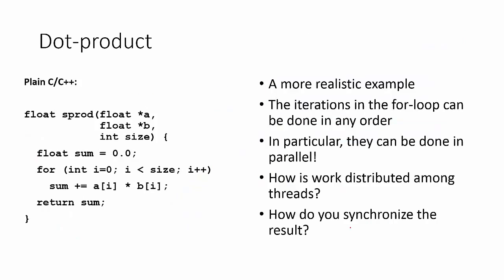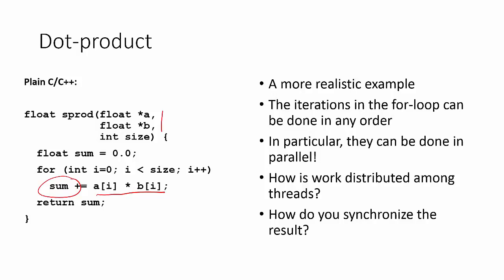Here is a slightly more complicated example, and also a more realistic example. It's the single precision floating point dot product calculation. We have two arrays represented by pointers to them here, and we multiply them element-wise and sum up the products into the dot product called sum here.